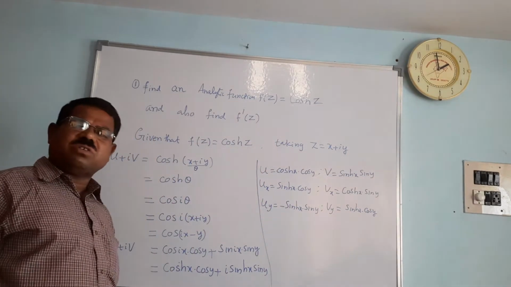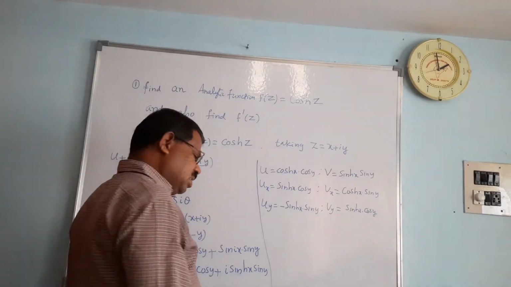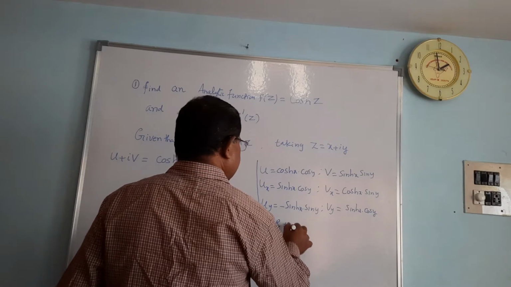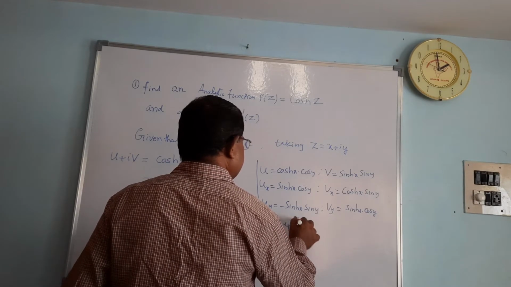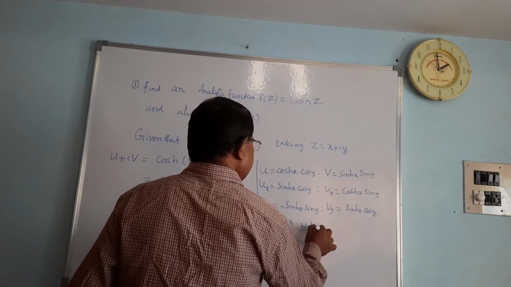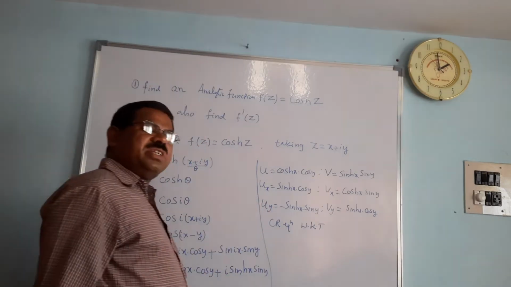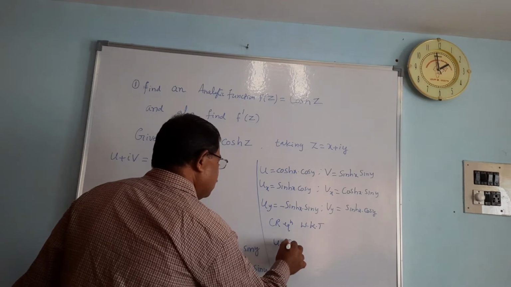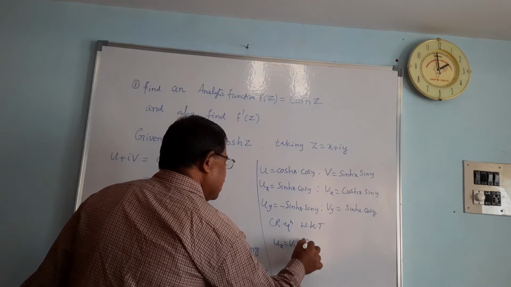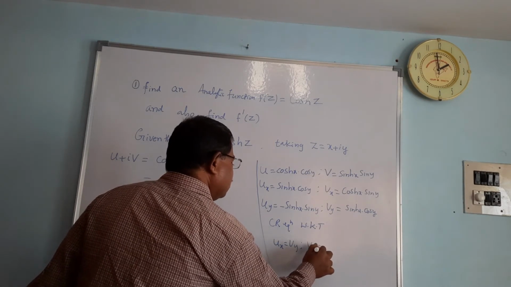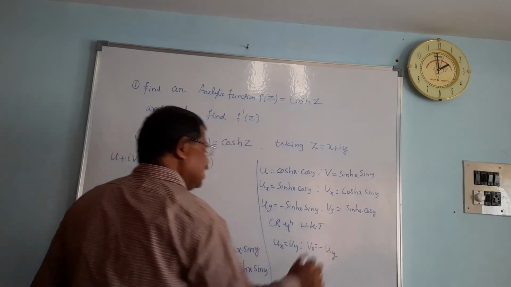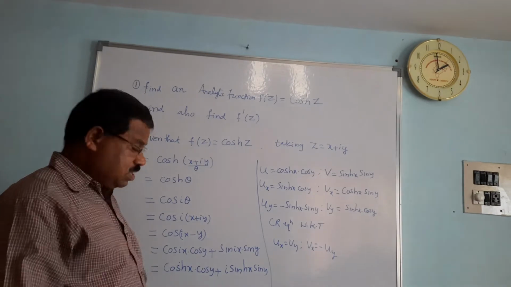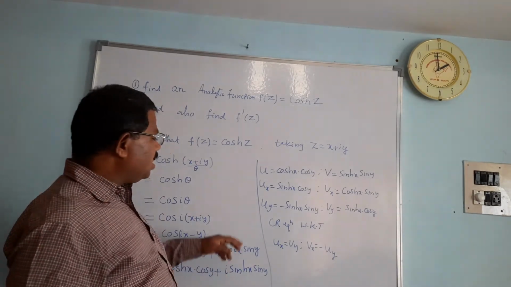Now we know the Cauchy-Riemann equations in Cartesian form, the CR equations: ux equals vy, and vx equals minus uy. Just observe whether the Cauchy-Riemann equations are satisfied.